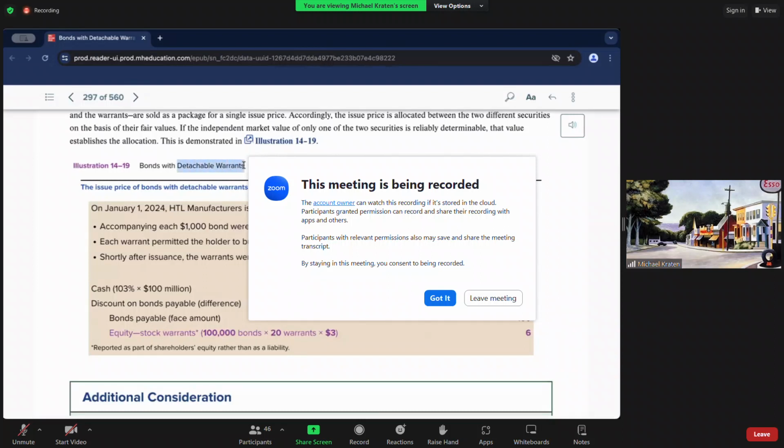Final vocabulary word, detachable warrant. What does that mean? Well, a warrant is a coupon. If I borrow money from you, and when I send you the bond, and think about this in the, let's say 80 years ago, before the computer age.